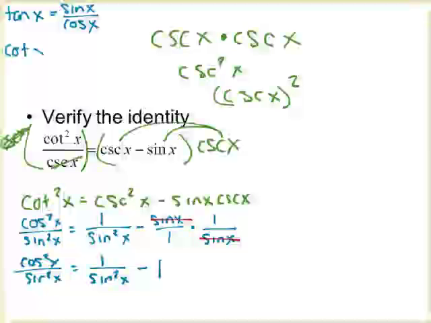Or likewise, a cotangent would be a cosine over a sine. And then our two reciprocal functions, cosecant is the reciprocal of sine, and secant is the reciprocal of cosine. So we're making those substitutions based on what we did back with the unit circle. So cotangent became cosine over sine, and cosecant became 1 over sine.